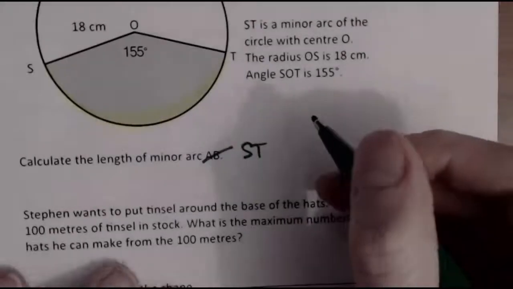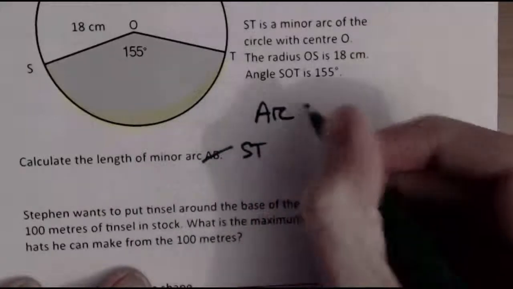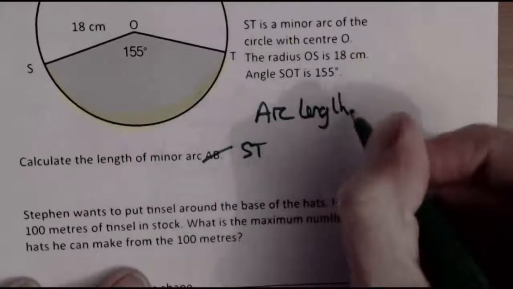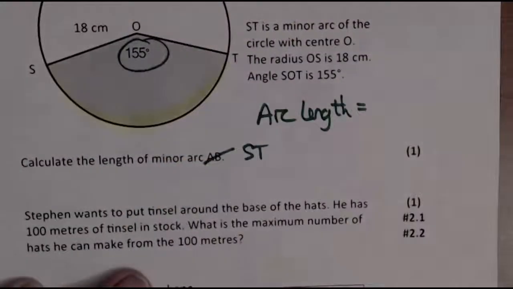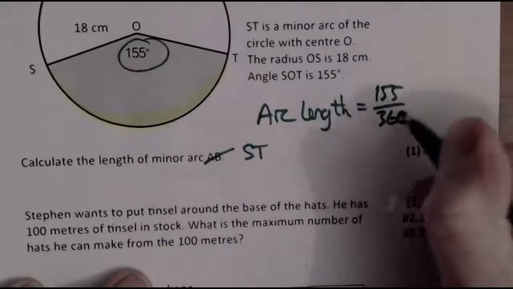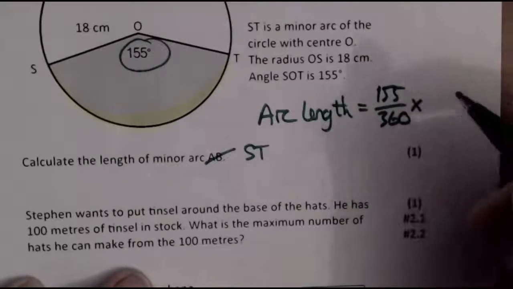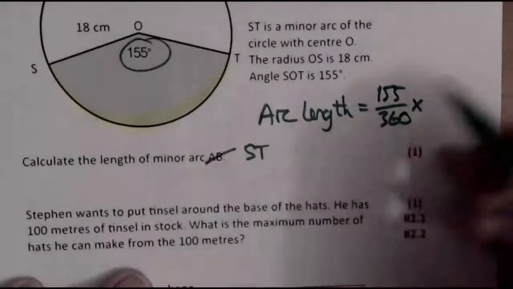So we basically say arc length equals, take the angle in the sector, 155, divide that by 360, and then times, remember, to calculate the perimeter, it's pi d, because we're just calculating a fraction of that.